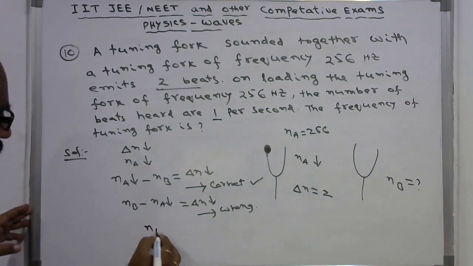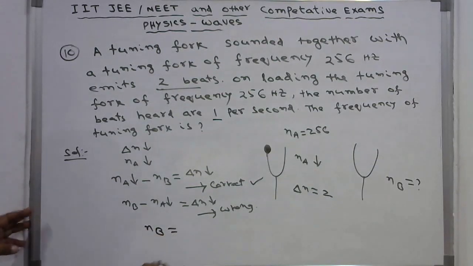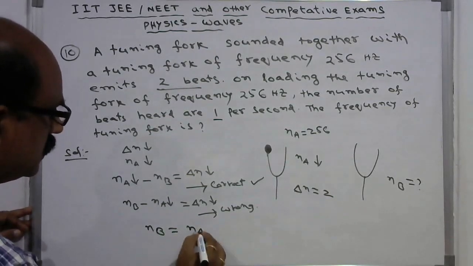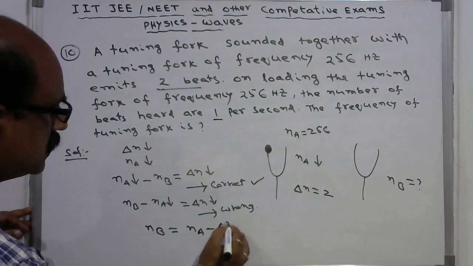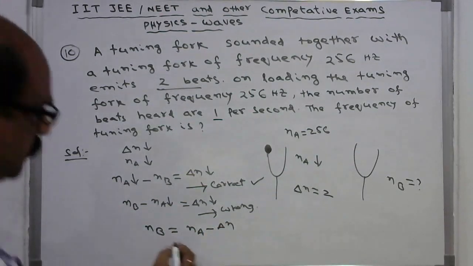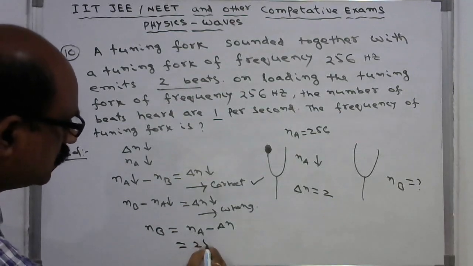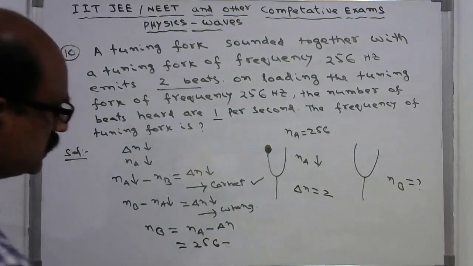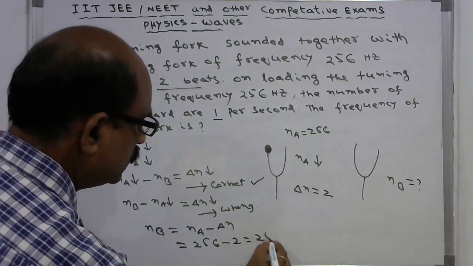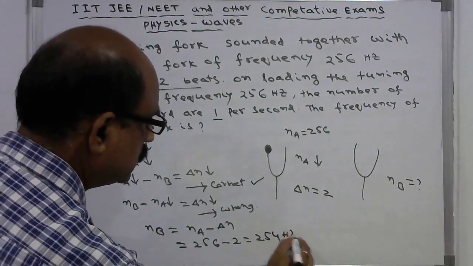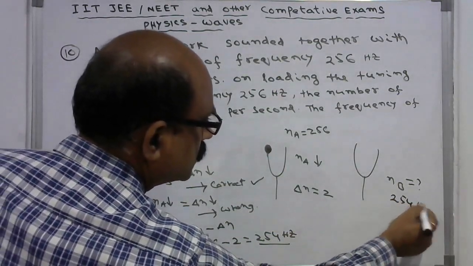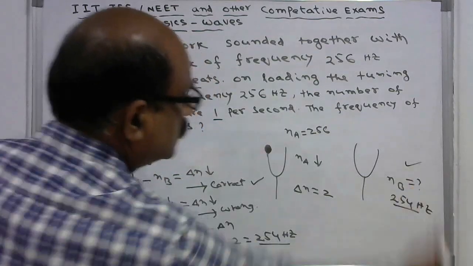Frequency of the unknown tuning fork NB is equal to NA minus delta N. Therefore, we can write 256 minus, what is delta N given? 2. So 254 Hz is the frequency of this one.